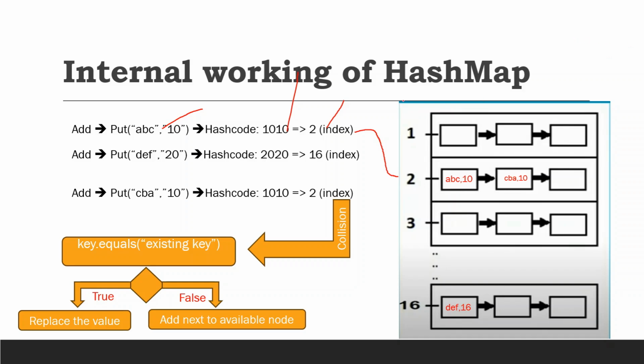If the buckets get 75% full, it will double the size of the HashMap. So now we have by default 16 buckets, 1, 2, 3, 4 up to 16. We got index number 2, so at index number 2 it will be added.